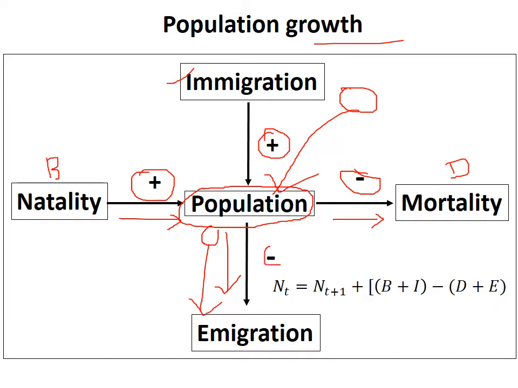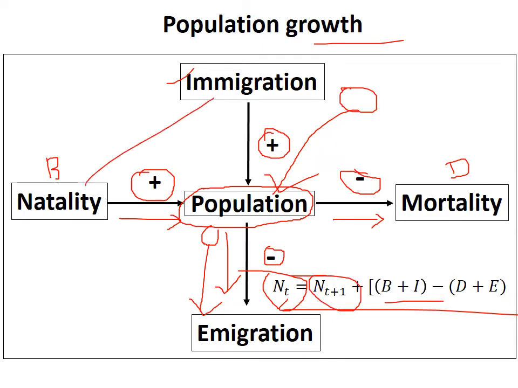This gives a negative to this population. So what is the equation of this population growth? N at t, or population at time t, is equal to population at time t plus 1, plus b plus i, birth rate plus immigration, so they are giving a positive to the population.